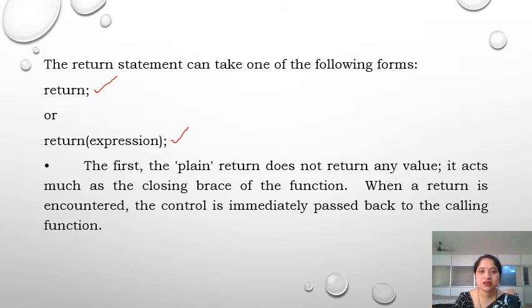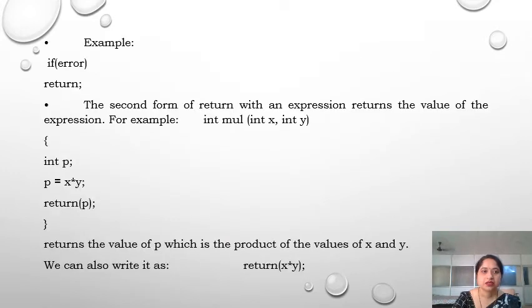The first one is the plain return, which does not return any value. It acts similar to the closing brace of a function. When a return is encountered, the control is immediately passed back to the calling function. For example, if there is an error and you want to stop the execution of the function, we can use return.